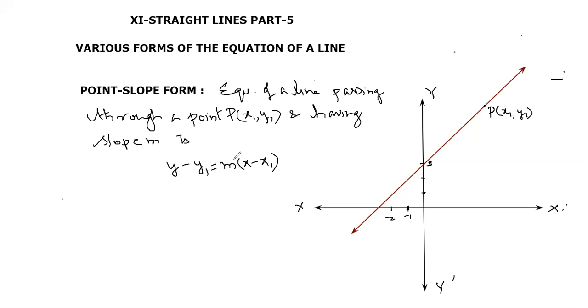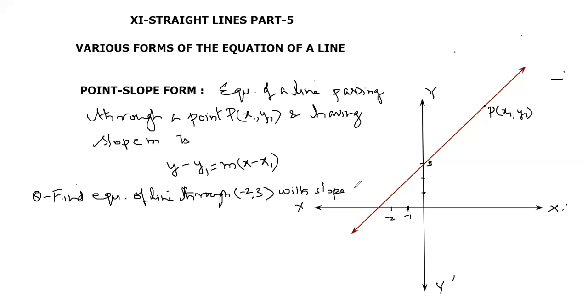From the question you have to recognize which form it is based on. For example, find the equation of the line through -2 and 3 with slope 4.